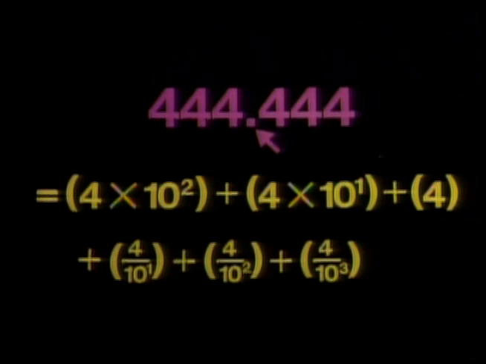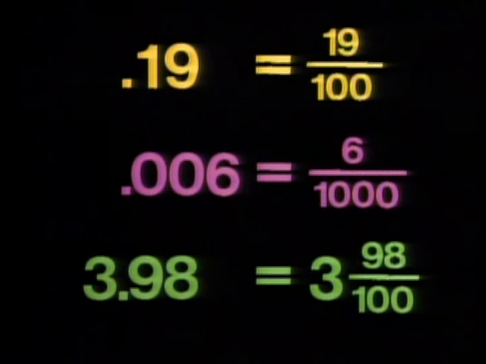Let's review the important ideas of this tape. We began by recalling that one big reason for studying decimals is as a substitute for fractions. So it's important to be able to change from one to the other. Changing a decimal to a fraction is easy.